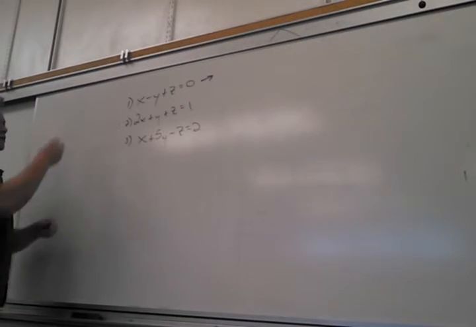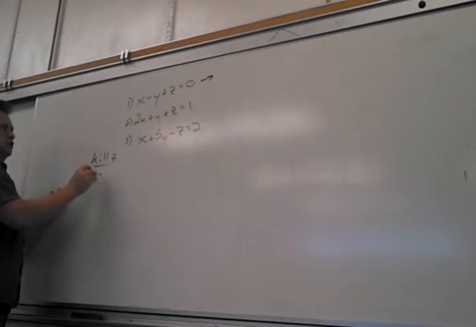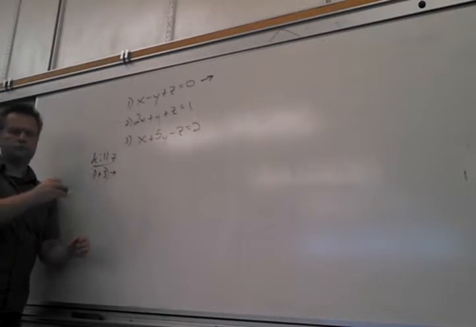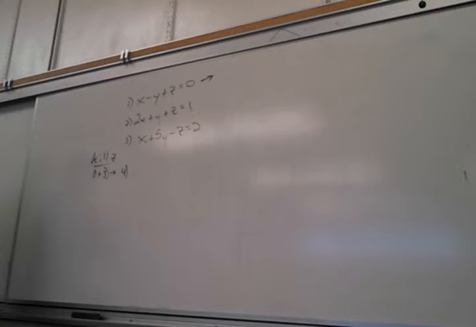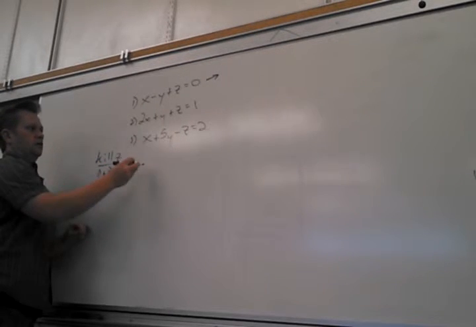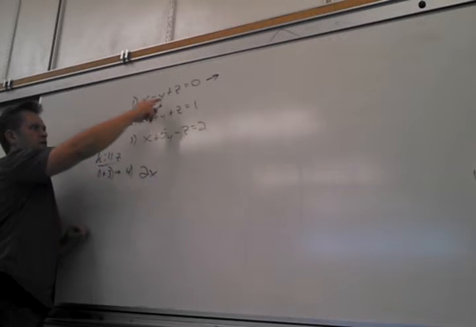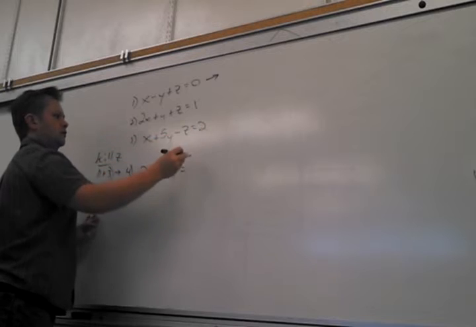So if I kill Z, let's do that first. Kill Z. So I can do 1 plus 3. 1 plus 3 is 4. Yay, Jeff. That's 4 because it's just the fourth equation up there, right? So what would the fourth equation be? 1 plus 3? 2x plus 4y equals 2.